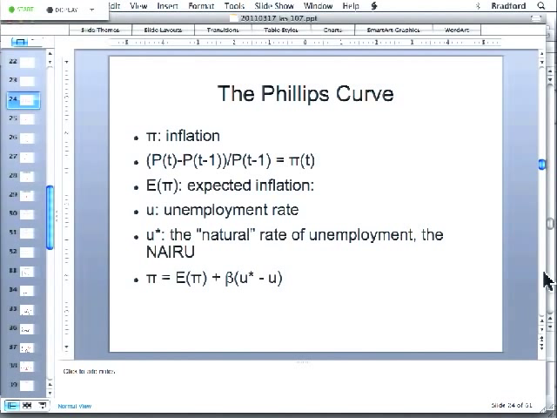Maybe I should go to the bosses and say, we'll accept a 2% lower wage increase this year because we understand that we can be replaced. And we also understand that business is slow because high unemployment goes with low capacity utilization. So whenever capacity utilization is low and unemployment is high, actual inflation is going to undershoot expected inflation. Conversely, whenever the unemployment rate is low and capacity utilization is high, actual inflation is going to overshoot expected inflation.